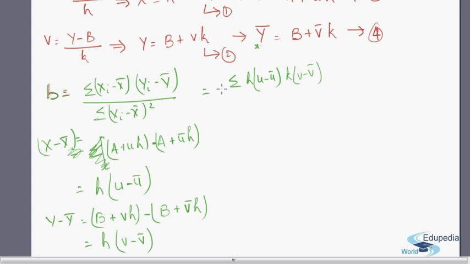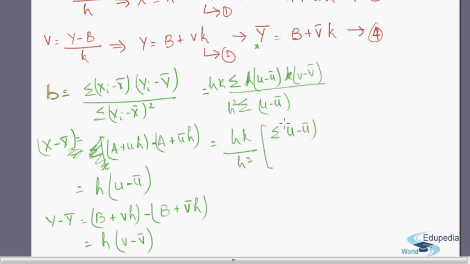Now h and k being constants can be taken outside the summation. For the denominator, again we have xi minus x bar, so we'll have the same thing: summation of h square times u minus u bar square. Both these h and k can be taken out, so you'll have h k divided by h square times summation of u minus u bar times v minus v bar divided by summation of u minus u bar square, right?